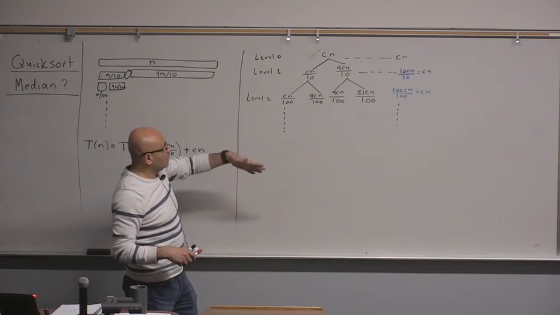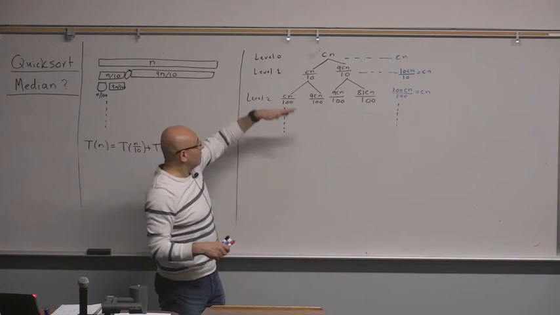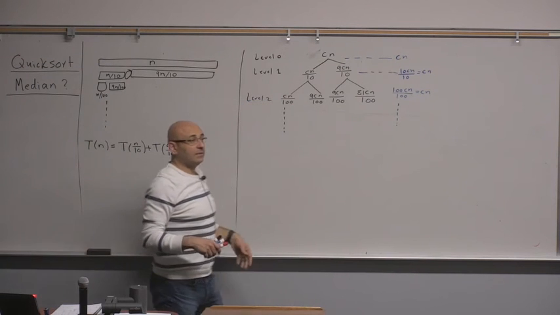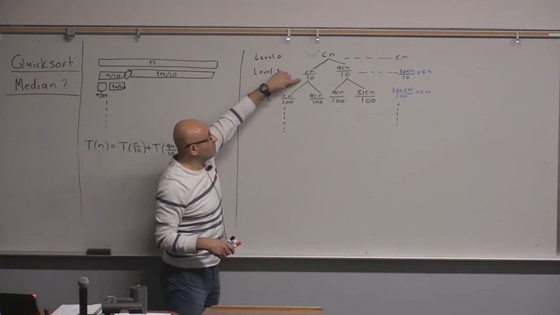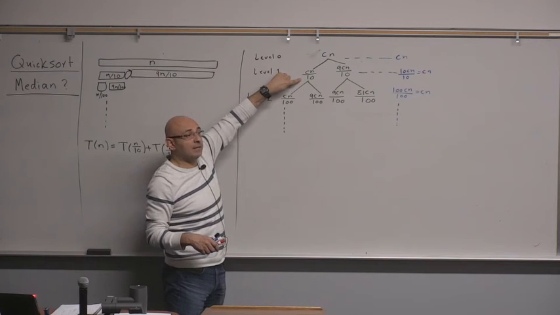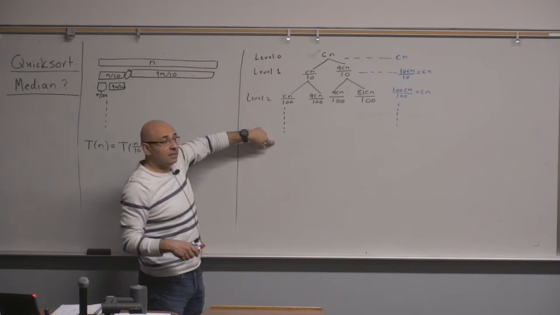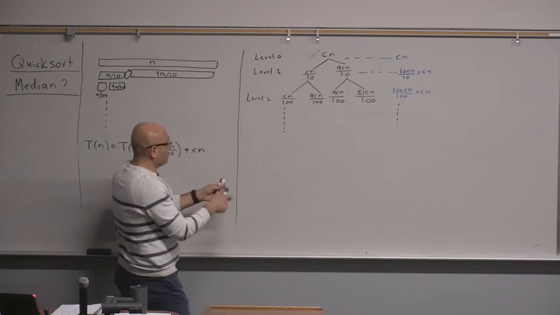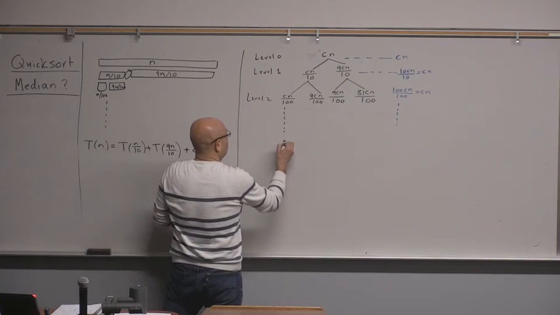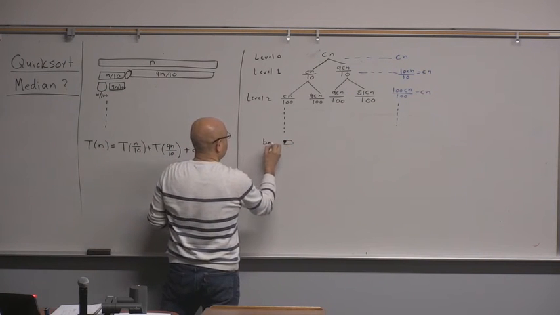So which one will reach the base case sooner? The leftmost or the rightmost? Leftmost, because this is going by 10. So this is dividing by 10, so this is going to get to 1 sooner. So at some point, this will reach its base.